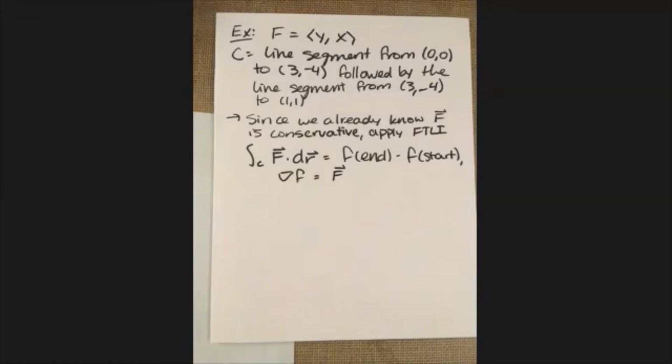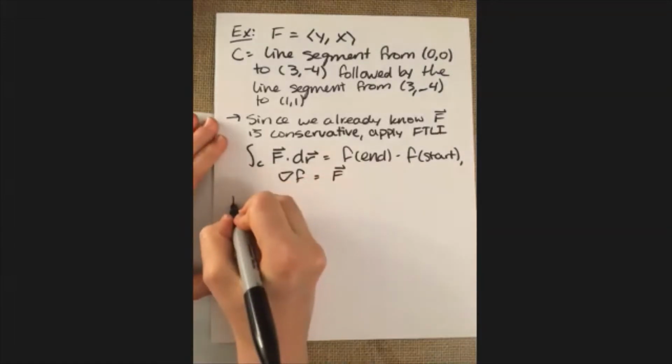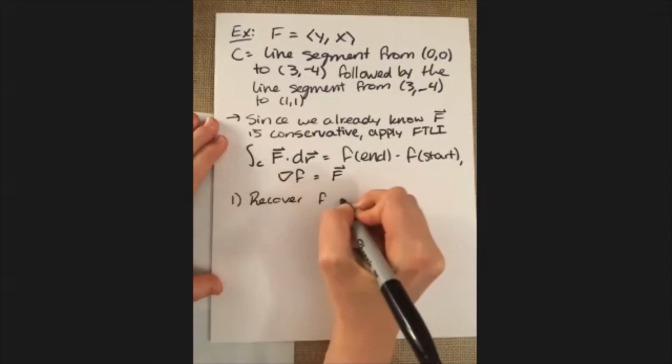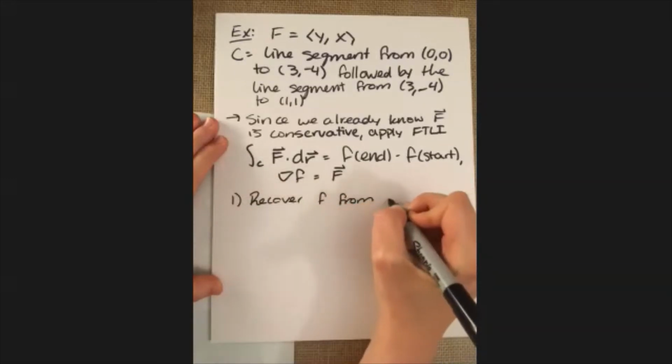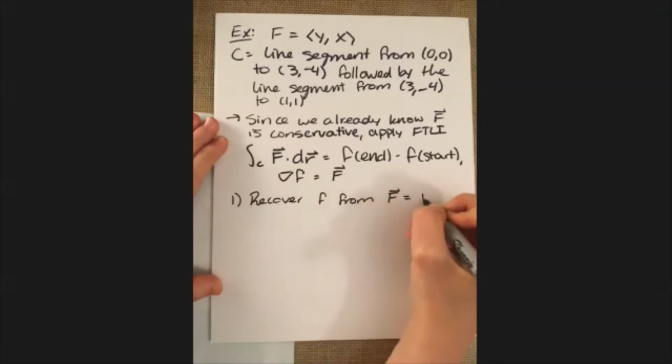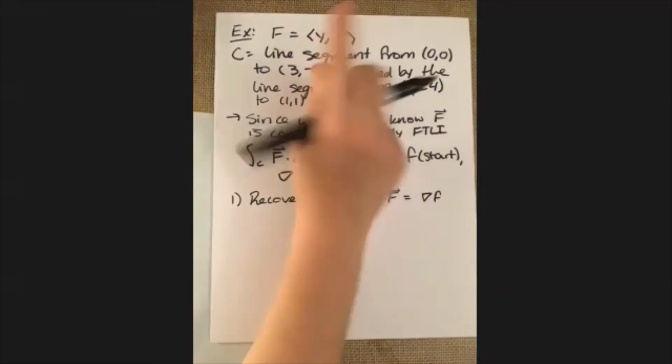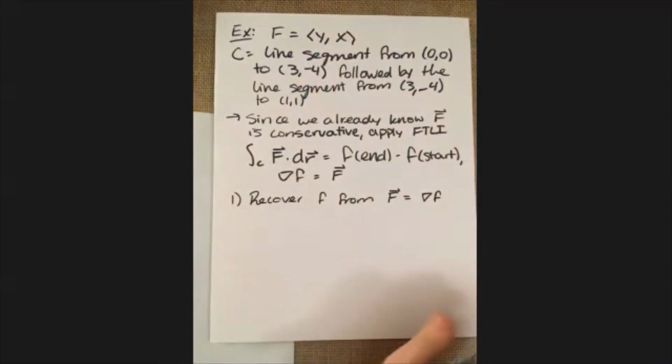Okay. So step 1, recover little f from the vector field, which is equal to its gradient. And in this case, f was equal to the same vector field that we had earlier, so we already did this.